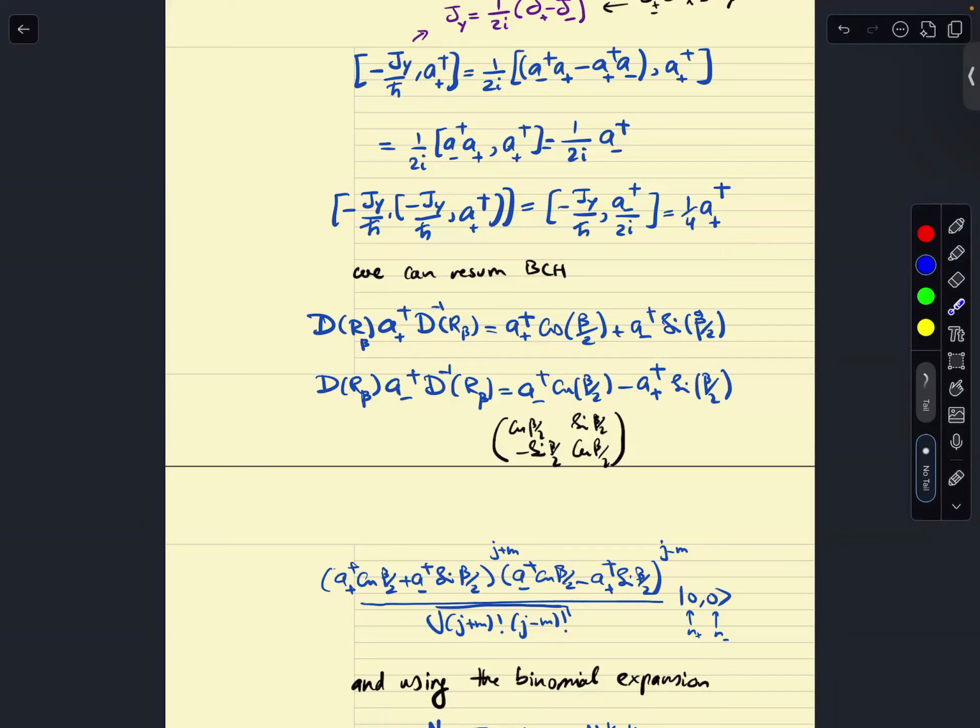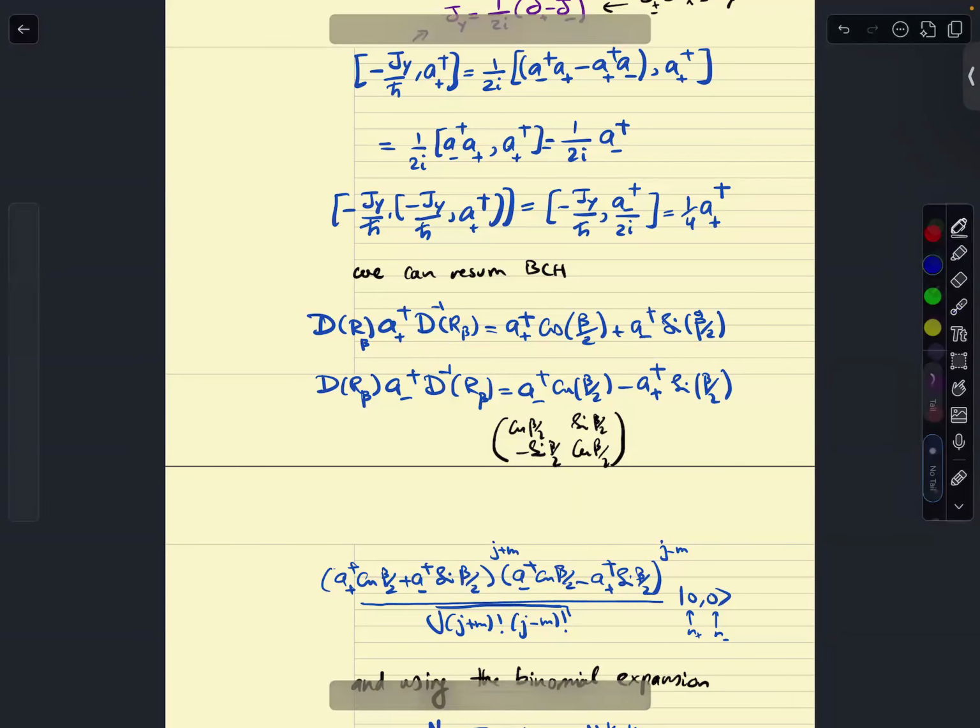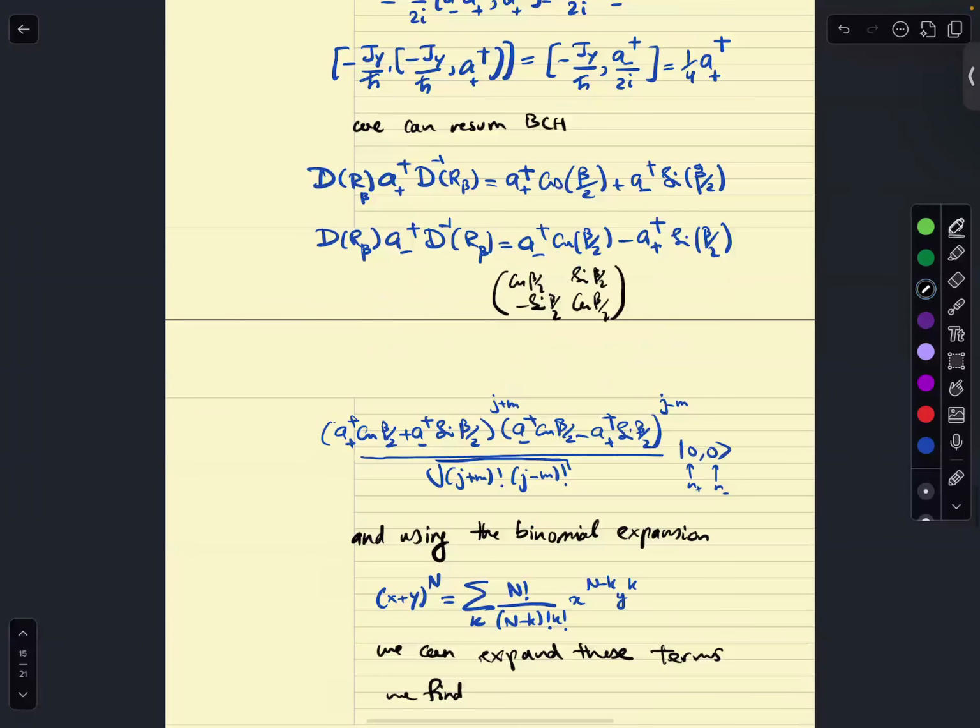There's something called the binomial expansion. This is a very important fundamental concept in probability theory and physics. What it is, is that if you have x plus y to the power of n, this is a series expansion of x plus y to the power of n. Here what you have is the sum of two terms to the power of j plus m, sum of two terms to the power of j minus m.